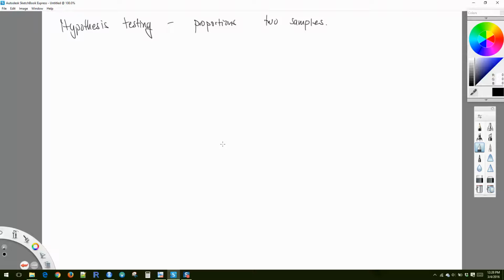You have already covered hypothesis testing for proportions, but in that case, you were dealing with only 1 sample. So in this case, we're basically saying we've got population 1, and we have population 2.